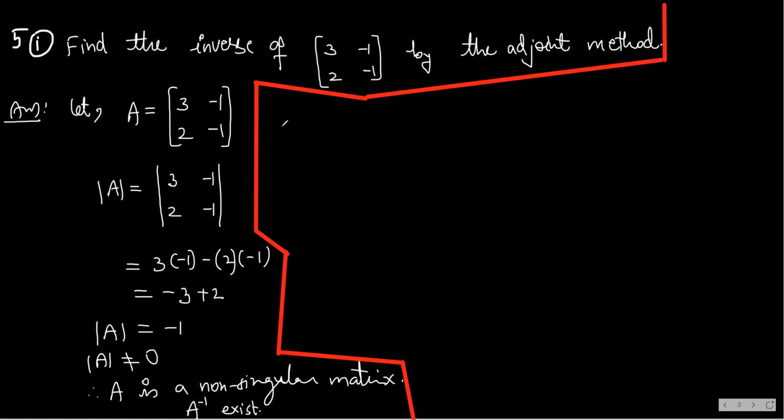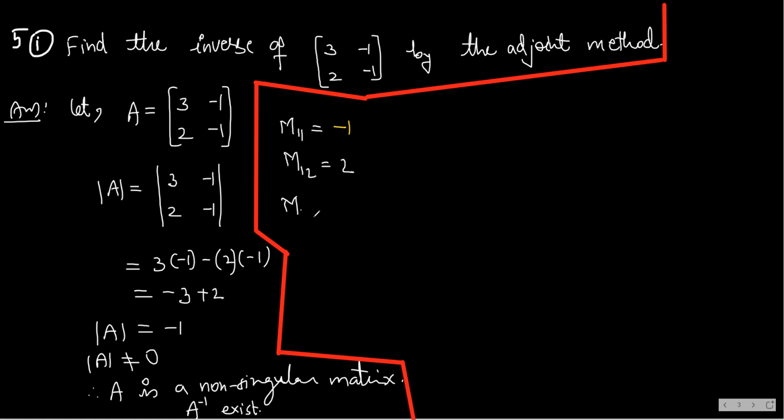So let's begin. See here, I find out M11, that is the minor of this element. What is the minor of this element? When you ignore this row and this column, you are left with negative 1. So you will simply write negative 1. This is M11. Then M12 is 2.